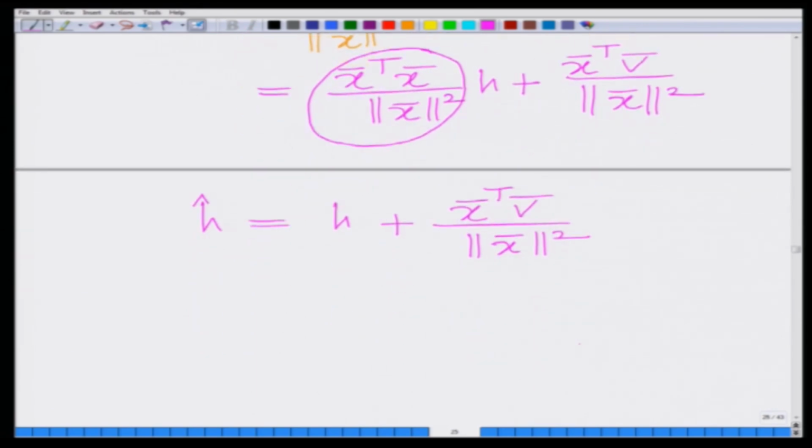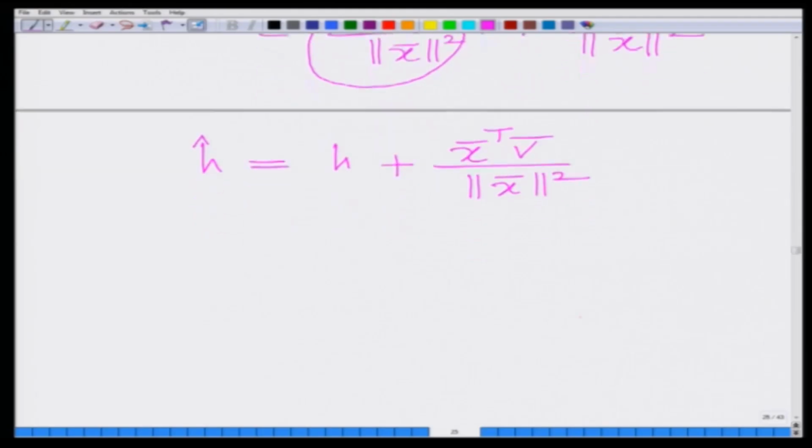Okay. So, what we have demonstrated by simplifying the expression for the maximum likelihood channel estimate is that h hat, the estimate of the channel coefficient, equals h plus x bar transpose v bar divided by norm x bar square, where x bar is the pilot vector and v bar is the noise vector.